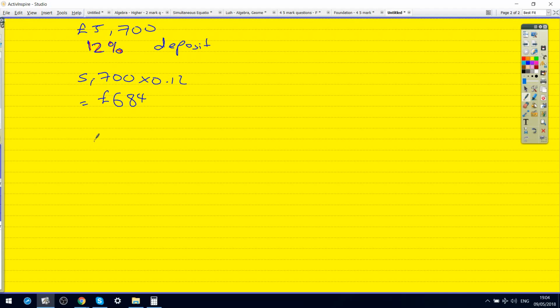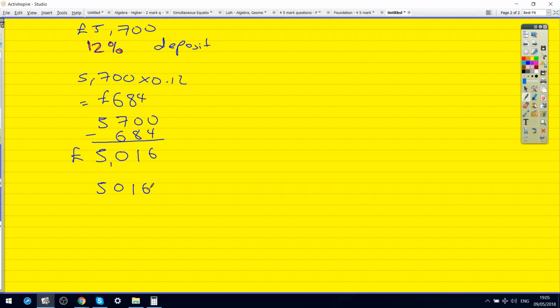Then it would be the original price take away 684 to get what's left. So that's 5,016. And then it would be that divided by how many months?